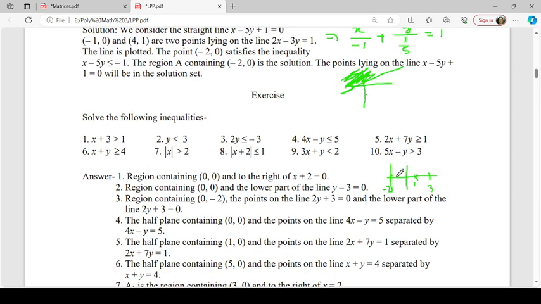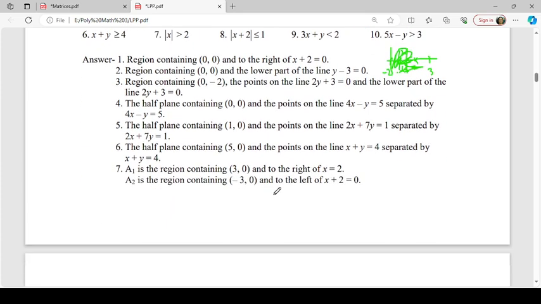So this is the region where it is greater than 1. Take the point minus 1: minus 1 plus 3 is greater than 1. So this is the region. In this way we find the solution of this.